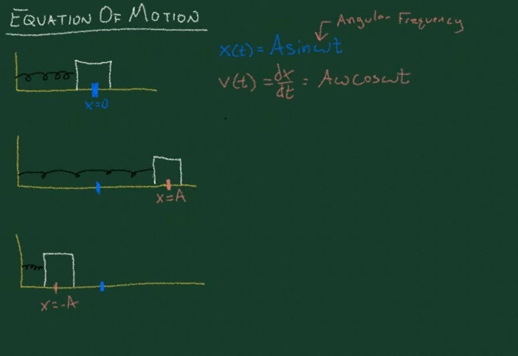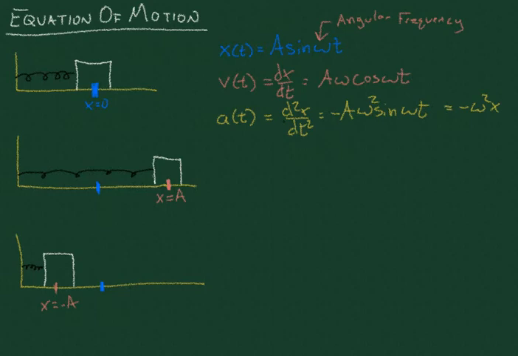And then we know that acceleration is the second derivative of x. So taking another derivative, we get minus a omega squared sine omega t, because we get another factor of omega. So this is just the same thing as minus omega squared x.